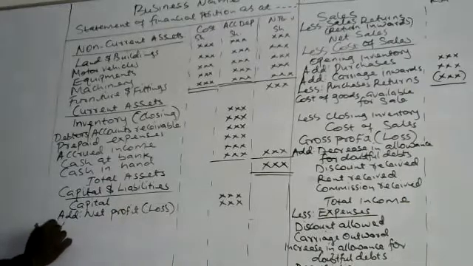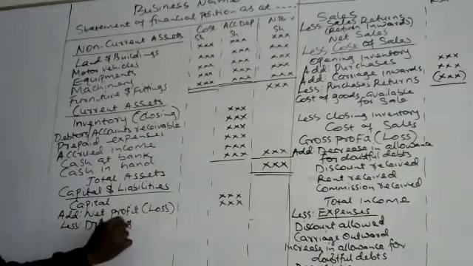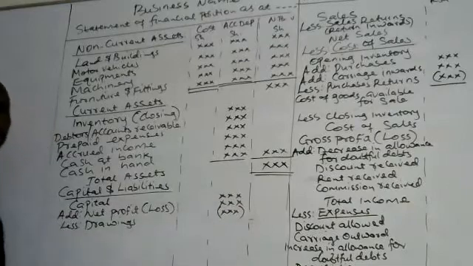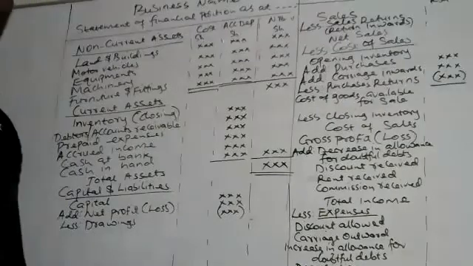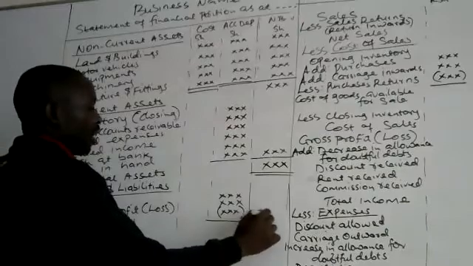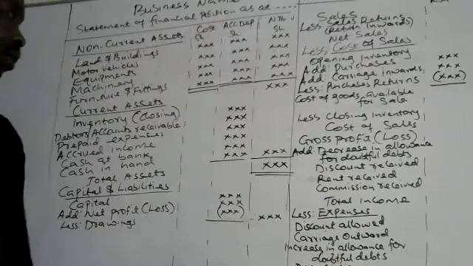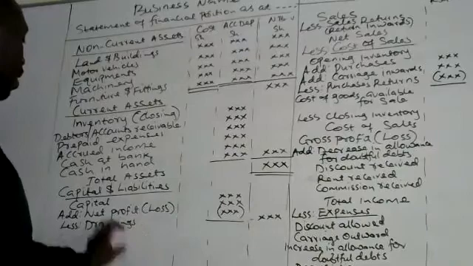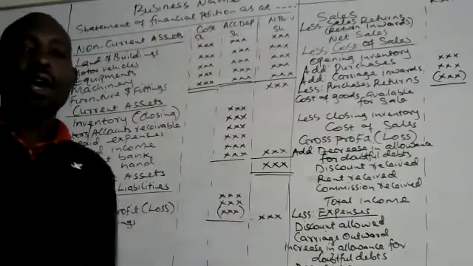Then you less the drawings. Drawings you minus. Remember we said drawings, they are those resources taken from the business for personal use. So they reduce the capital. That's why we are deducting, so that we can get the net figure for the capital at the end of that year. Net profit increases the capital amount. The drawings reduce it, or if it was a loss, it is also a reduction.